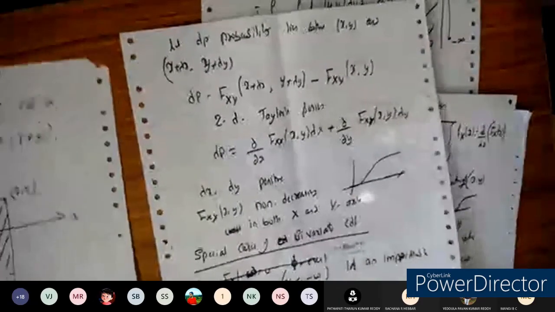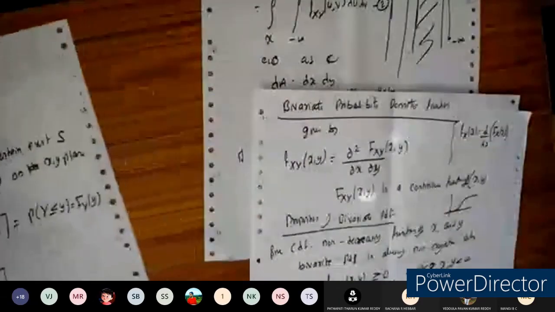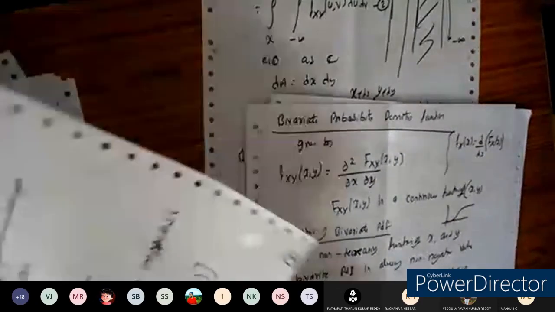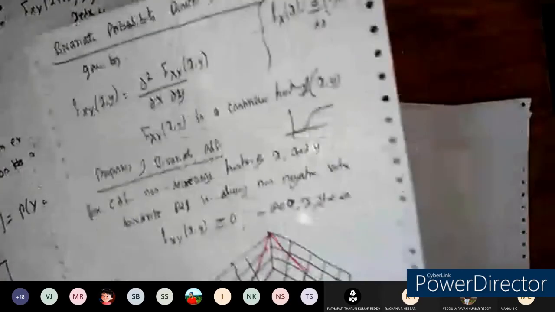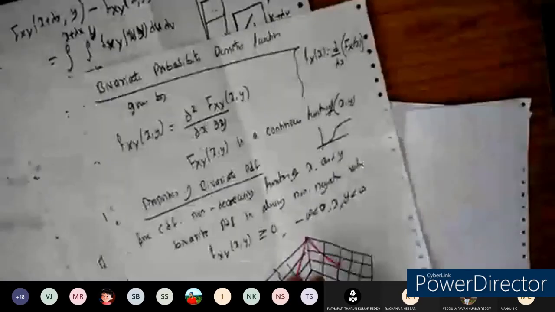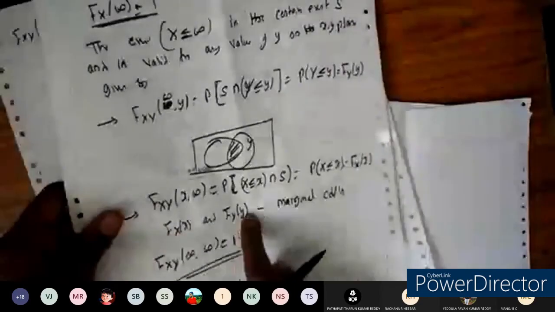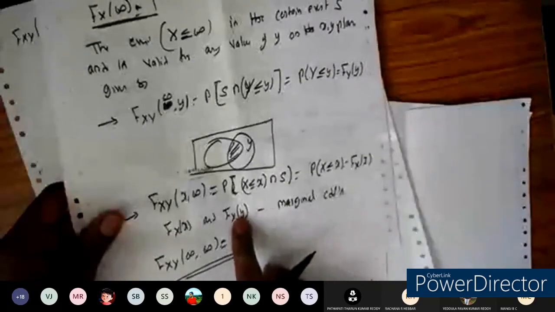So we have the marginal CDFs. From this we are going to extend the property to get the marginal PDF also.